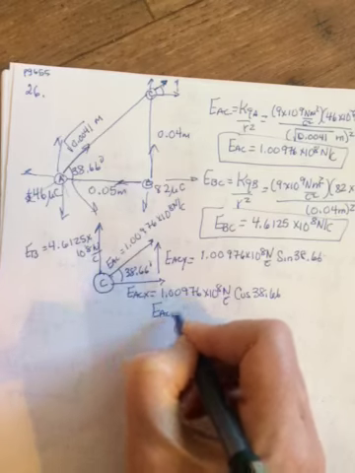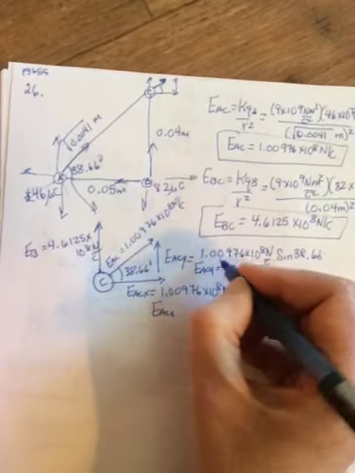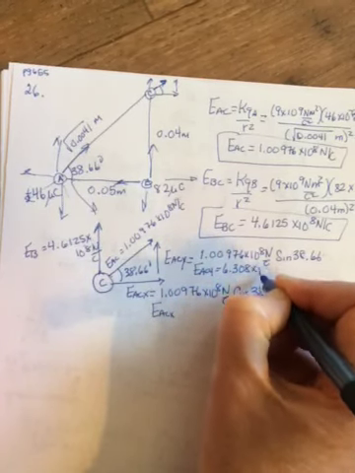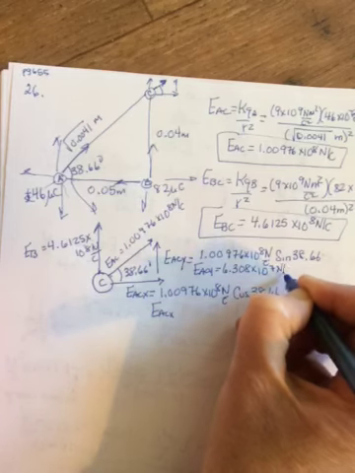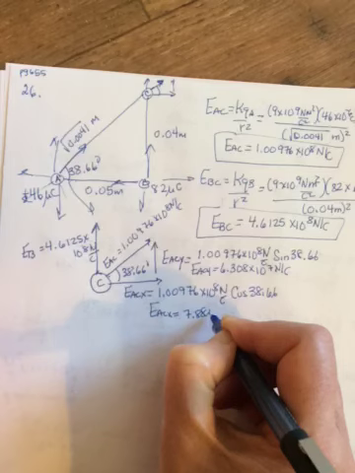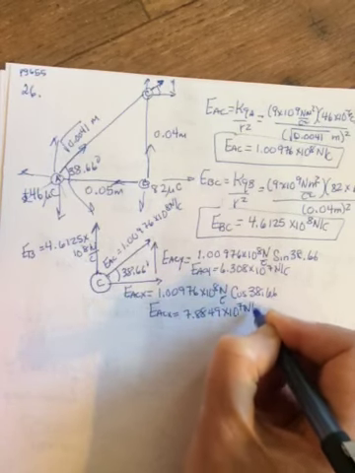Type these into your calculator. Y should be 6.308 times 10 to the 7th newtons per coulomb, and your X should be 7.8849 times 10 to the 7th newtons per coulomb.